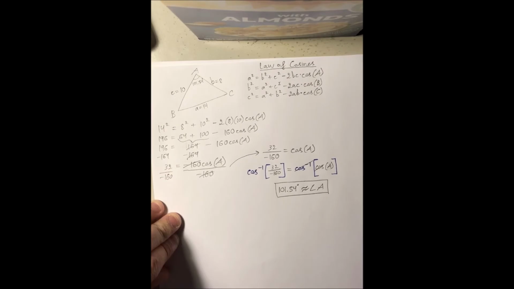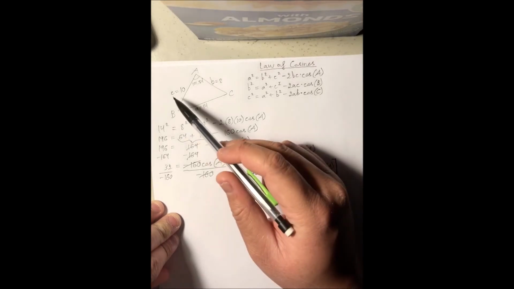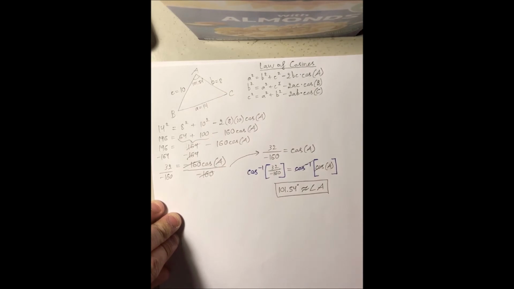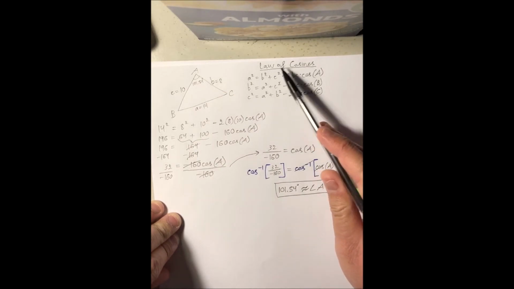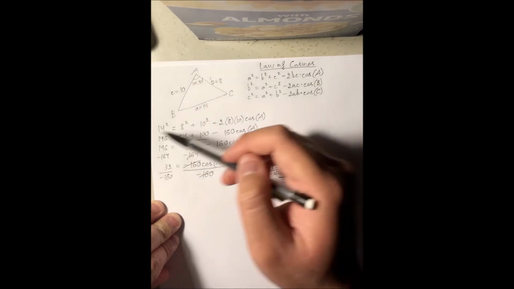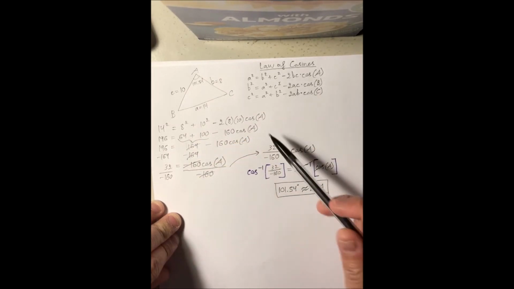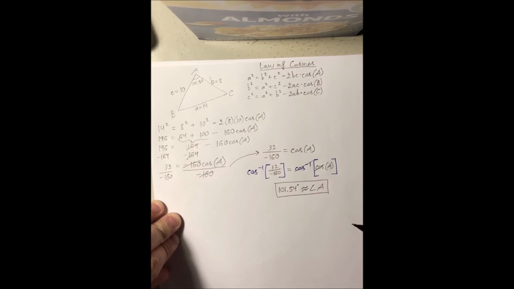Now with this step, to evaluate angle capital B, we have two ways to do that, since we know all three sides of the triangle and one of the three angles. The first way is to continue using the law of cosines and go through the same procedure as up here. The second way is to use the law of sines.